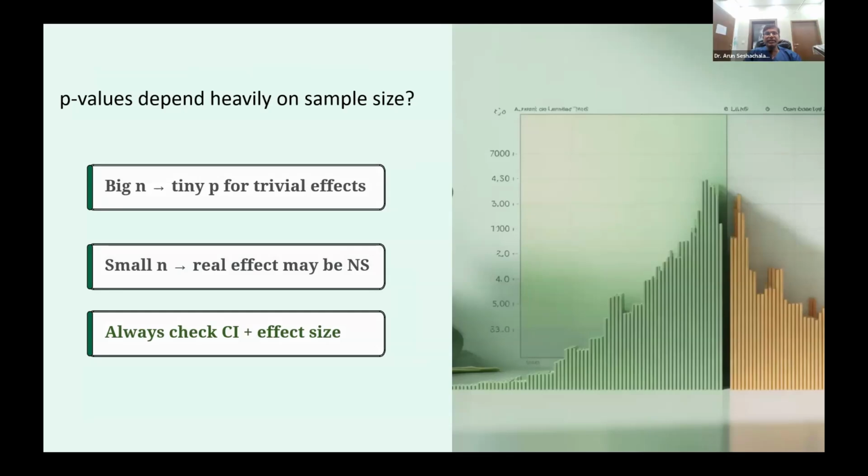Just answer this question. P-value depends heavily on sample size. Is this right or wrong? Just tell yes or no. Just feel free. True. One person is telling true. Anybody else? Nithipriya, yes. Karthik is telling no. Anybody else?